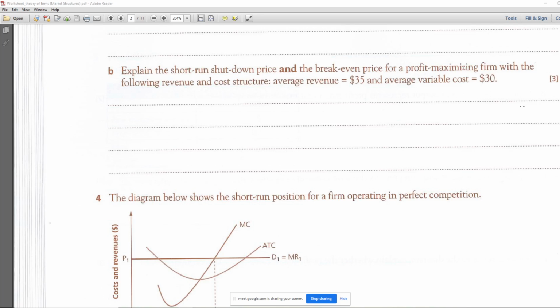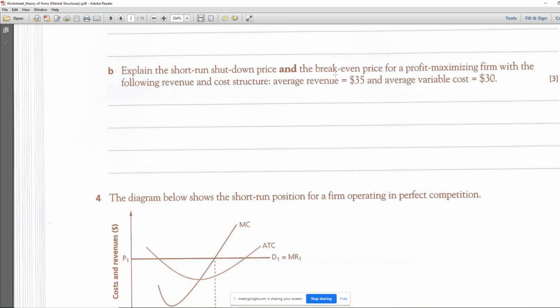So when we know they are earning a normal profit, this one here is actually their price, right? Because AR equals P equals MR equals D. So 35, that is the price that they are selling. If we assume they are earning a normal profit, then the break-even price will be $35.